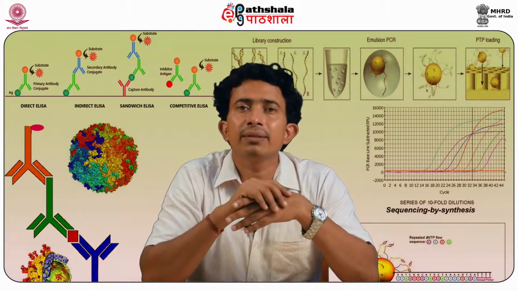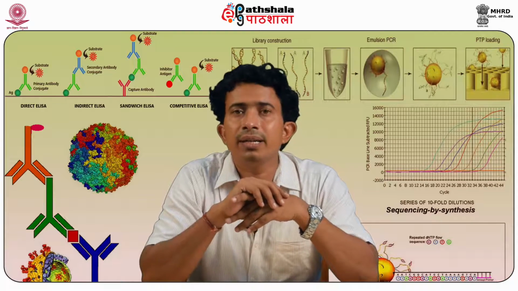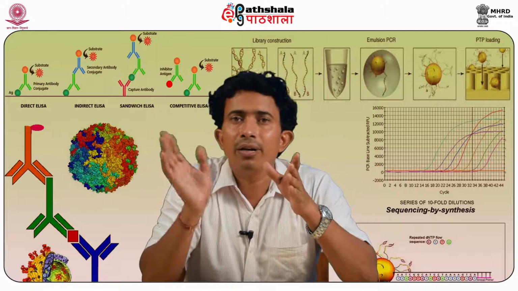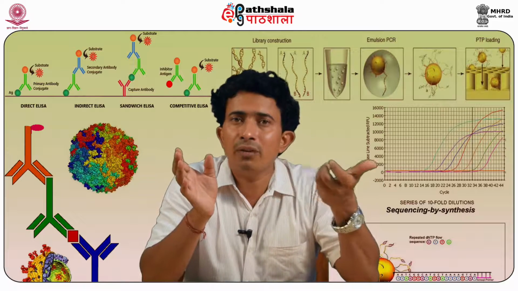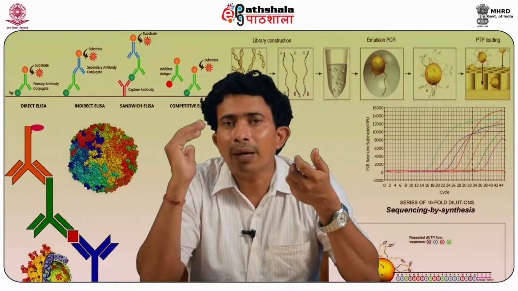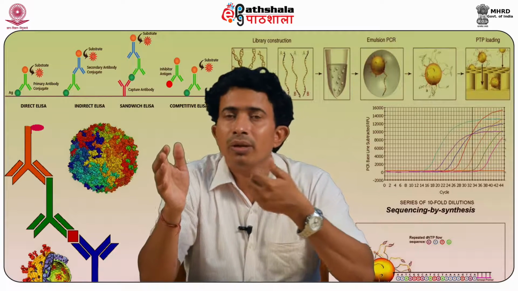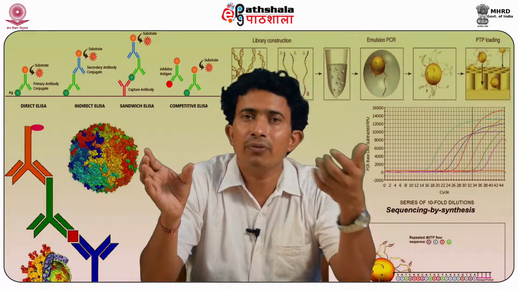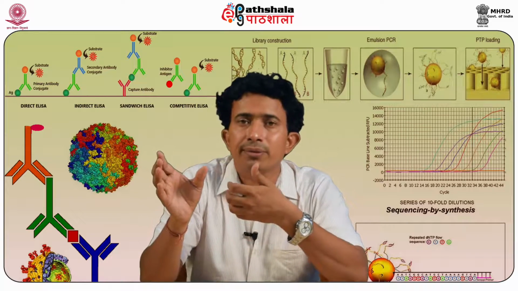The second type, commensalism, is a type of interaction between host and microbe where the host is not benefited, not harmed. So it is a neutral condition, but the microbe is benefited. So in this case only the microbe is benefited, there is no benefit or loss to the host.